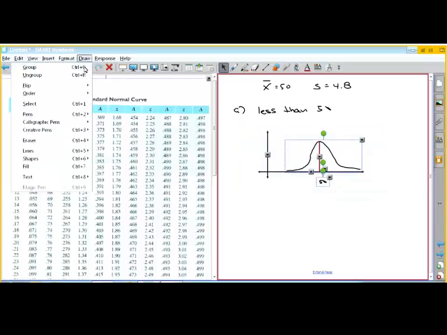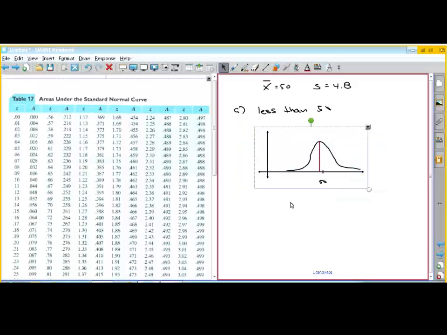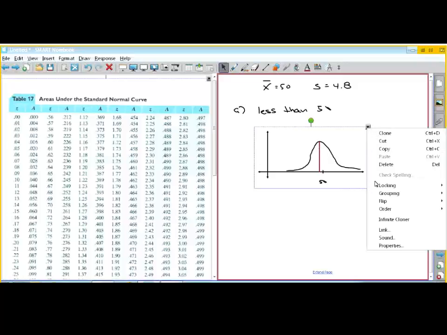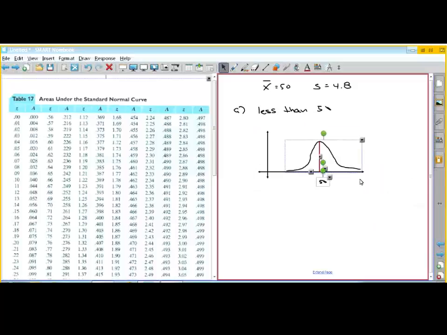Okay, now I'll regroup it back together. Okay, so what we're doing here is we want less than 50, and I just saw that I've got one more problem. I need to move this 50 right to there. Okay, I think I'm ready now.